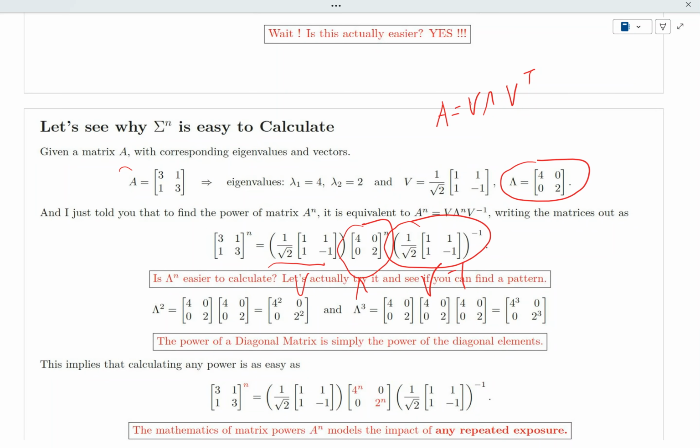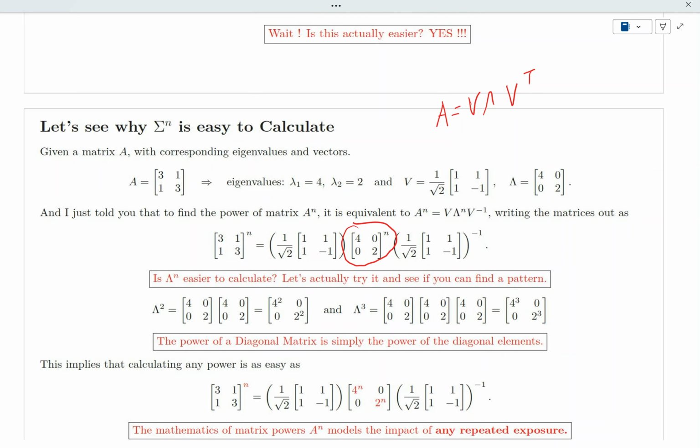So what I'm telling you right now is that notice we have this matrix A, and I'm taking the power to the n, right? Instead of trying to calculate this multiplied by itself n times, we just need to realize it's equal to this to the power of n.